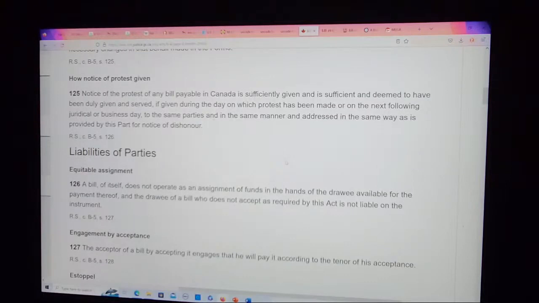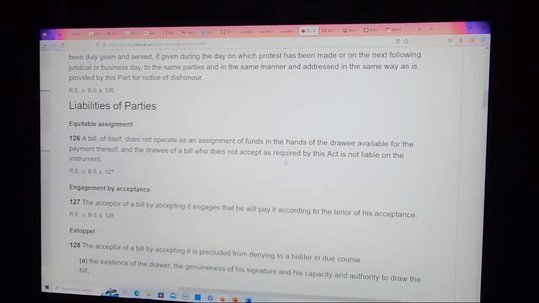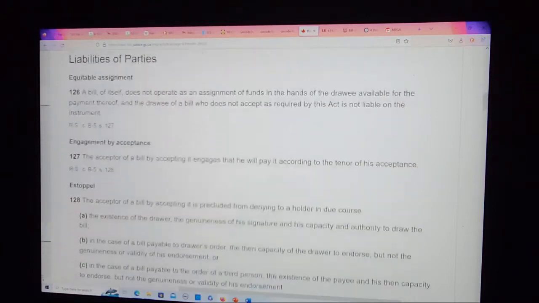How notice of protest given. 125. Notice of protest of any bill payable in Canada is sufficiently given and is deemed to have been duly given and served if given during the day on which protest has been made or on the next following judicial or business day, to the same parties and in the same manner and addressed in the same way as provided by this part for notice of dishonor.